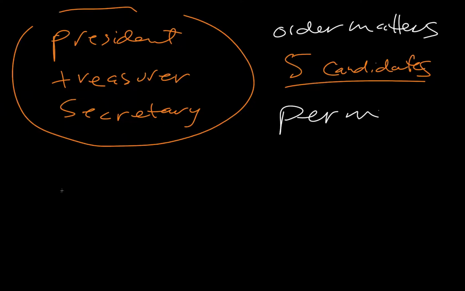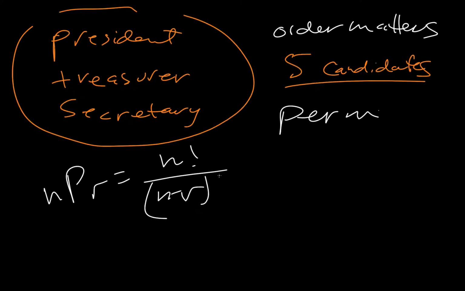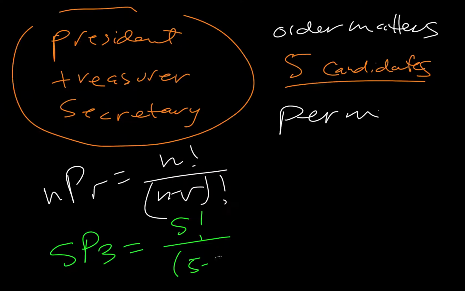So we're going to use our nPr, which was n factorial over n minus r factorial. And then we just plug those in. So we have 5 candidates to choose from, and we're choosing 3. So we say 5 factorial over 5 minus 3 factorial.